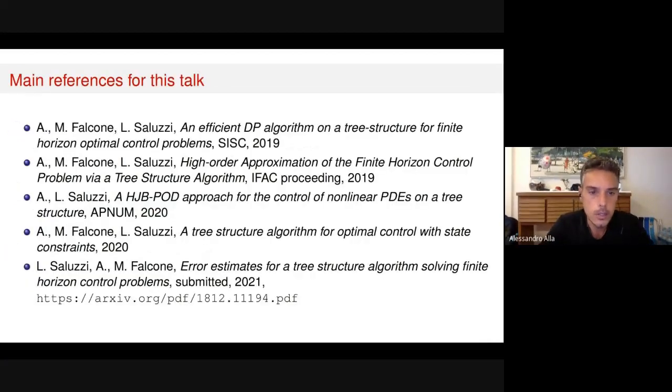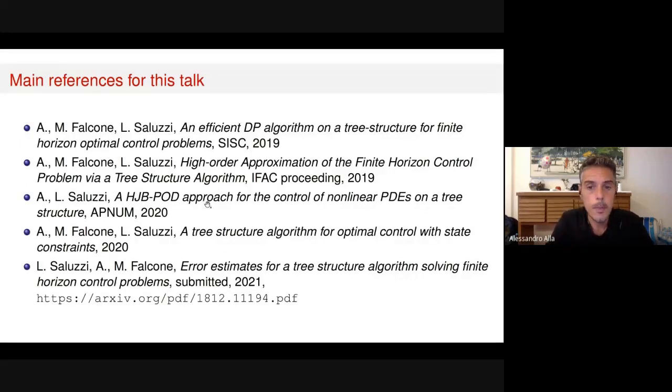So here there is a list of references for this talk. There is a first paper that appeared two years ago in the SIAM Journal on Scientific Computing. Then we have a proceedings where we did some high order approximation.